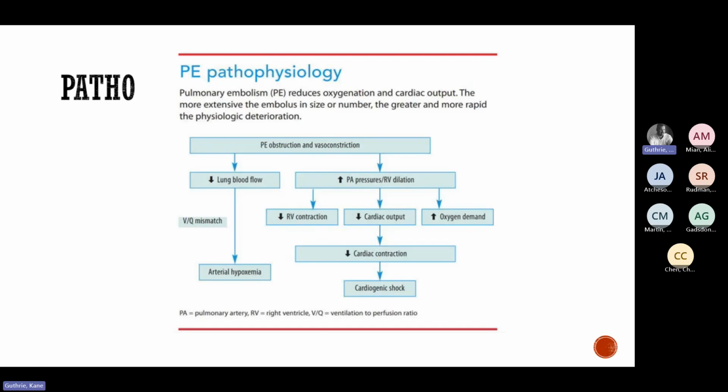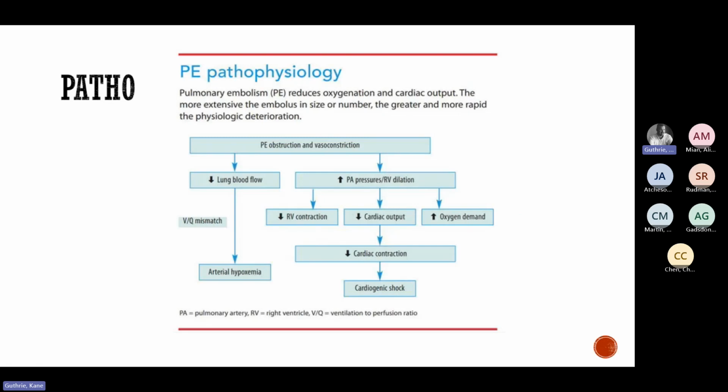When we look at big PE, and that's what we're talking about today, big, massive pulmonary embolism, the pathophysiology that we need to know is that PEs, if they're big enough, will start affecting patients' oxygenation and they cause cardiogenic shock. So they affect your cardiac output. And the more extensive the embolus is in size, or you can have patients with multiple PEs, the more rapid the physiological deterioration that can occur.